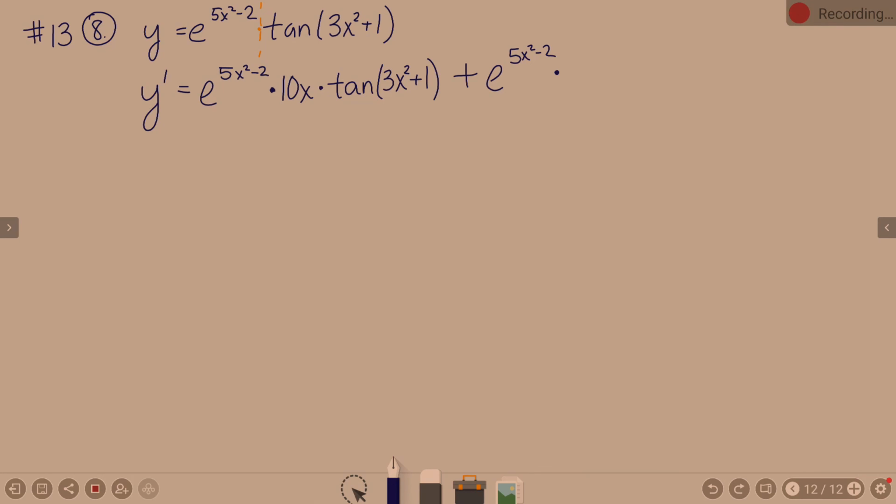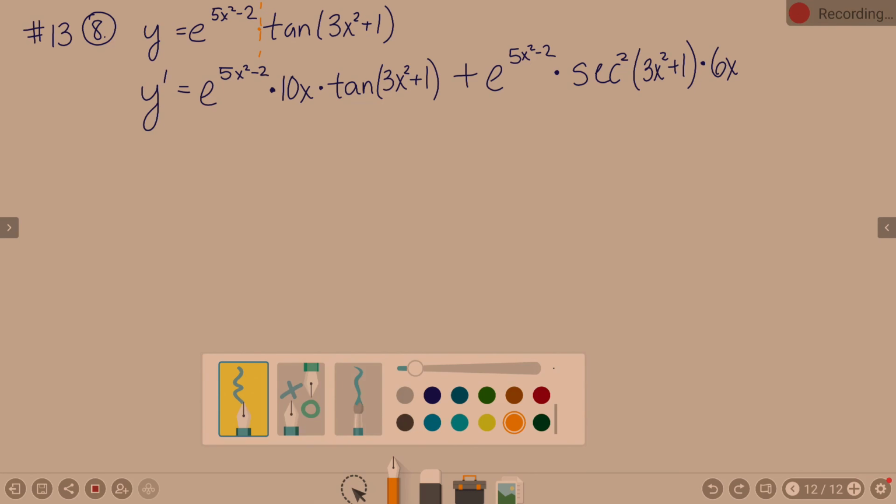What's the derivative of tangent of something? Secant squared of the same something. Okay, and then of course it's times the derivative of something. So times the derivative of 3x squared plus 1, which is 6x.